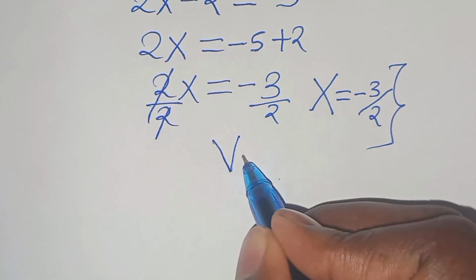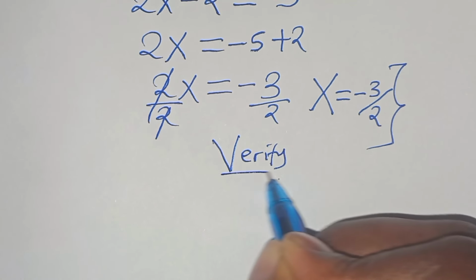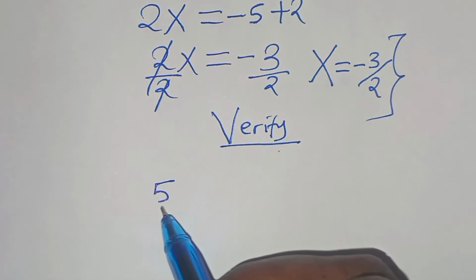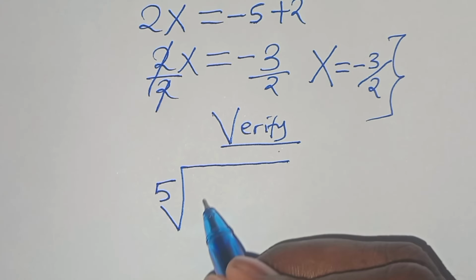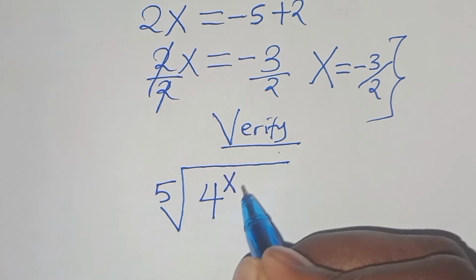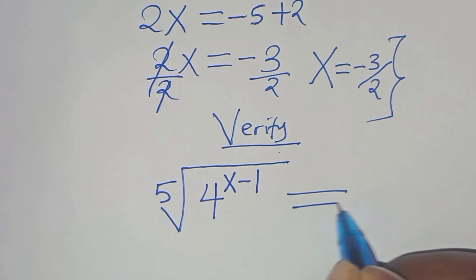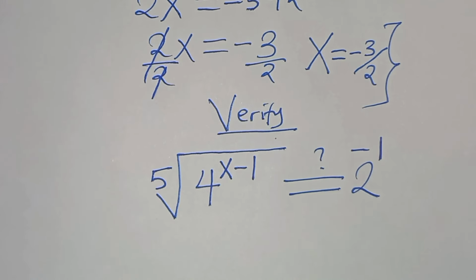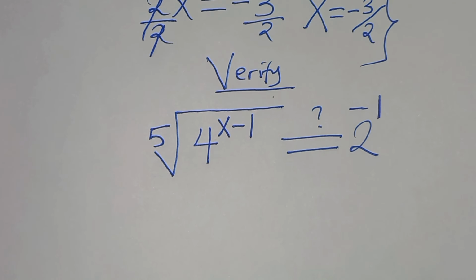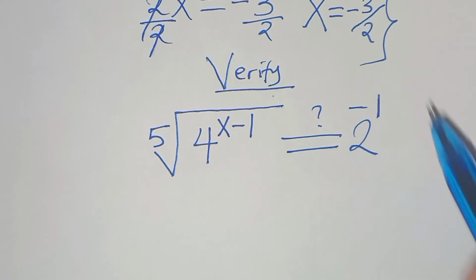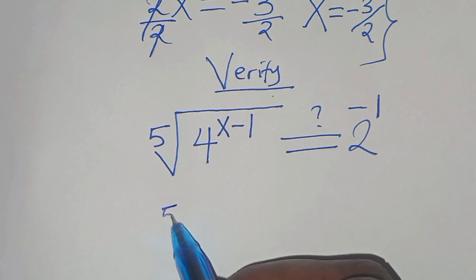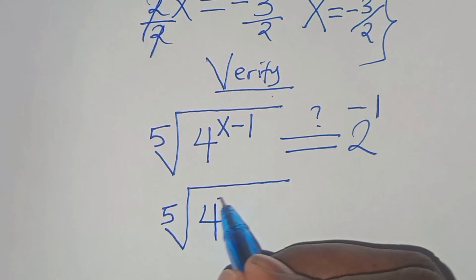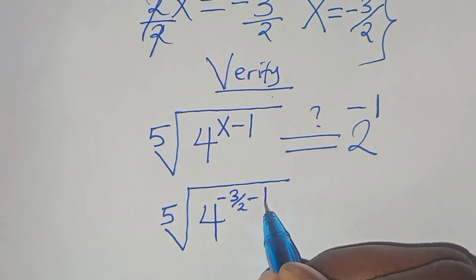So let's verify that this value of x satisfies the equation. We have the fifth root of 4 to the power of x minus 1. This should give us a value of 2 to the power of minus 1. So let's substitute x here. So we have the fifth root of 4 to the power of minus 3 over 2 minus 1.